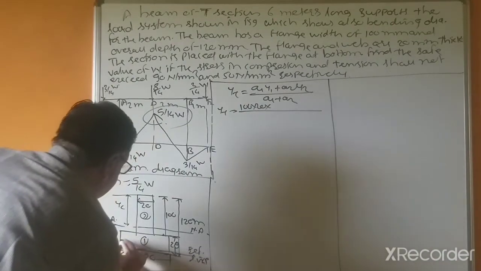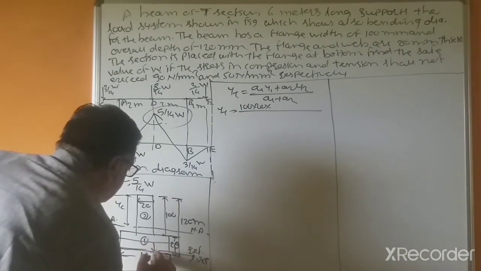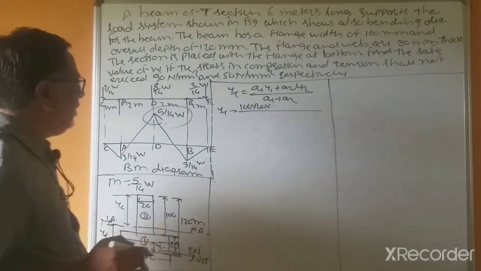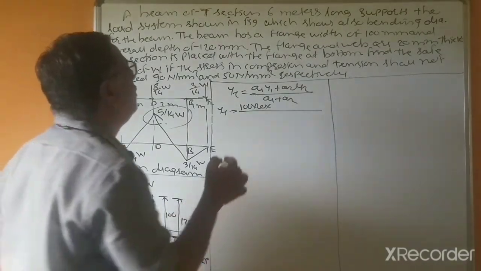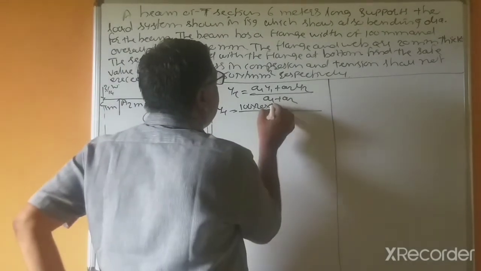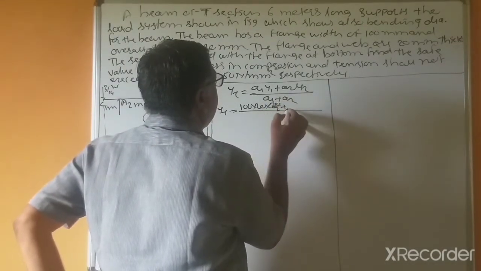So this distance is y1 bar, and y1 equal to 20 divided by 2.